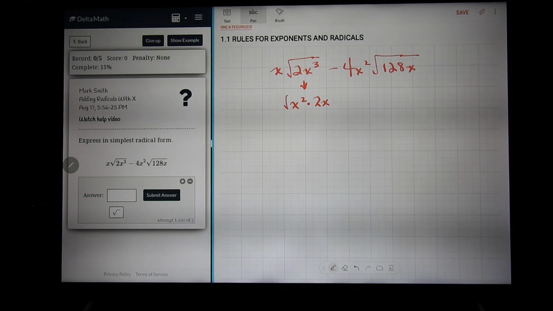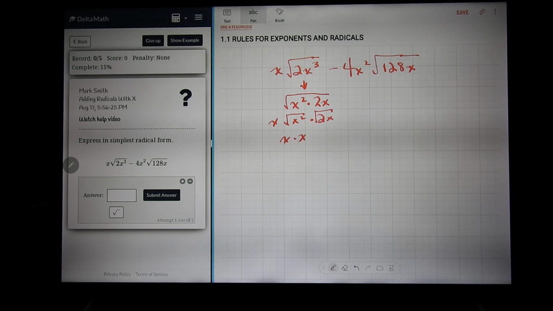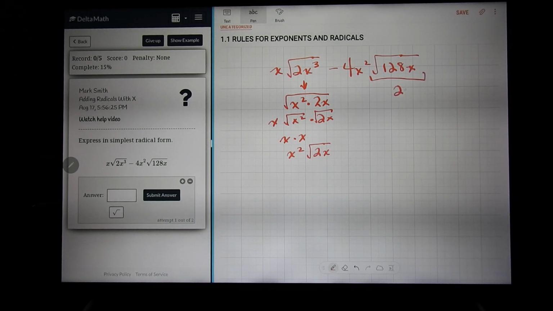And so then we have x times the square root of x squared times 2x. And the square root of x squared is x, so we have x times x, and that gives us x squared times the square root of 2x. Now we have to somehow get this to look like 2x if we want to add it to this one.